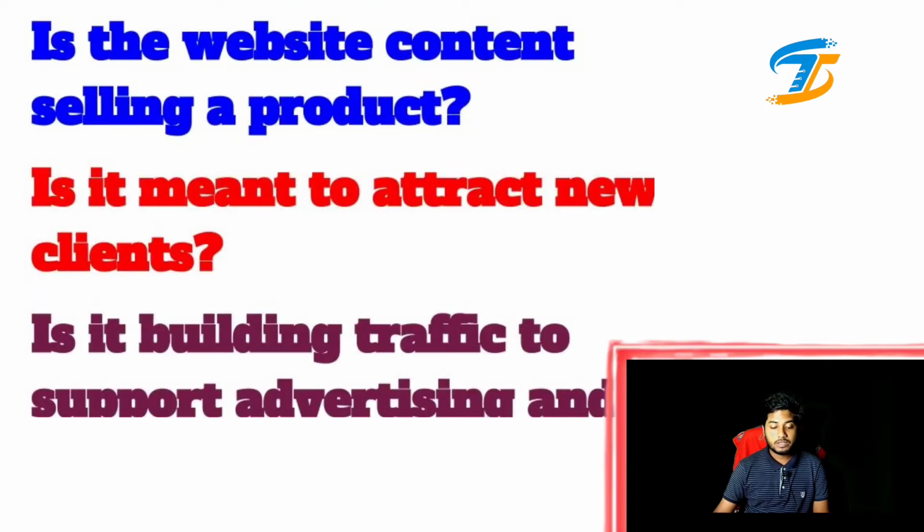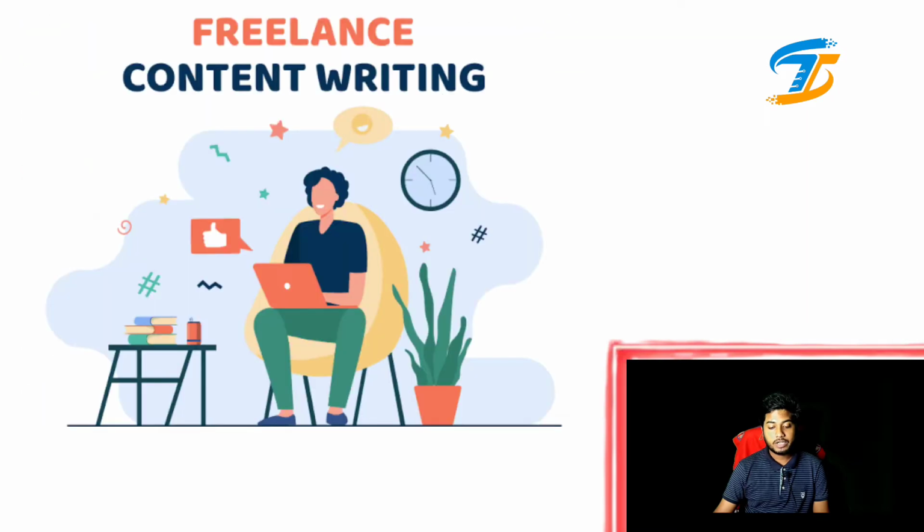Is it meant to attract new clients? Is it building topics to support advertisement and sponsorship? Once you know the main goal of the website content you are producing, you will be better positioned to write copy that will help achieve that goal.